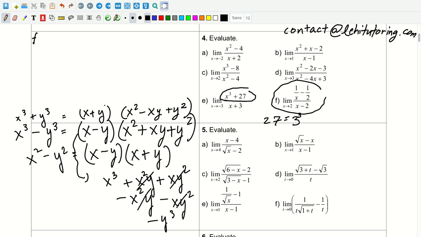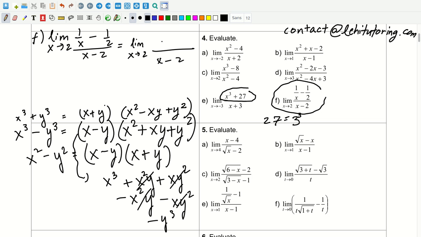Okay, so f, limit as x approaches 2 of 1 over x minus 1 over 2, all over x minus 2. So let's do a common denominator in the very top. So limit as x approaches 2. I'll leave this monstrosity at the bottom, and I'll do 2x.